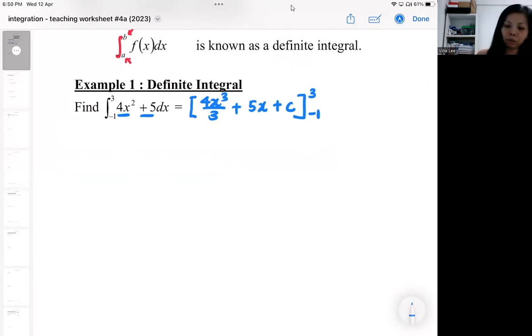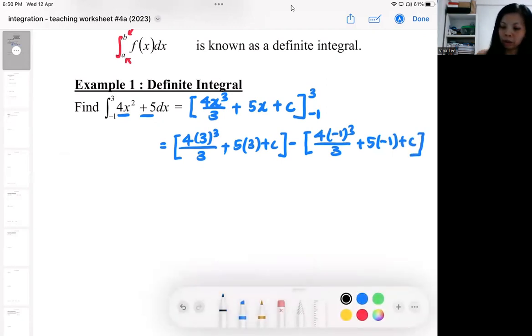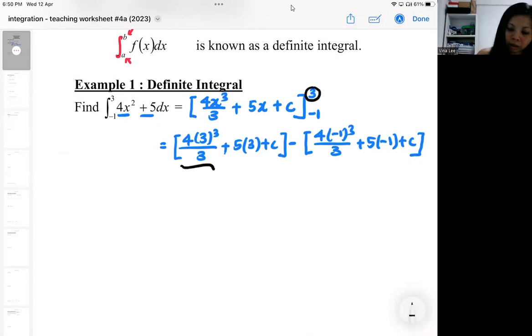So what exactly does it do? It's very simple. I'm going to put in the top number as x equal to 3. Then I'll put in the bottom number, x equal to -1.